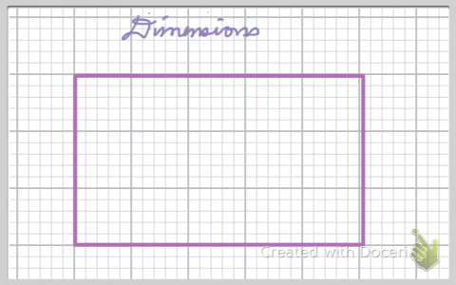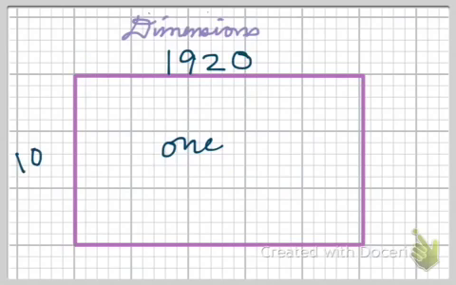Let's talk about a video that's 1 minute long. The video that comes out of your camcorder or iPhone could very well be 1920 pixels going across, and 1080 pixels going down.